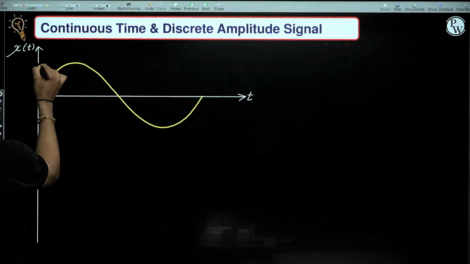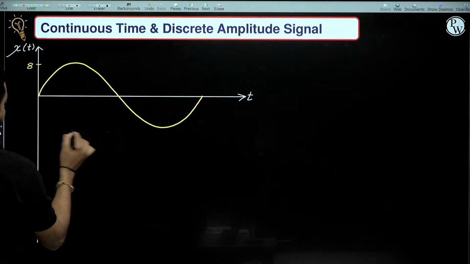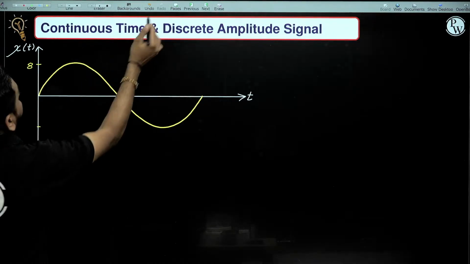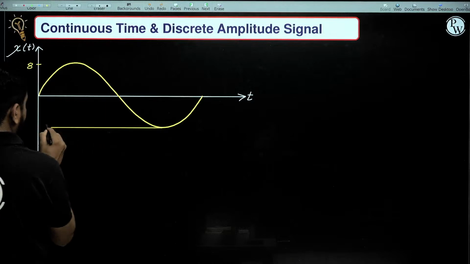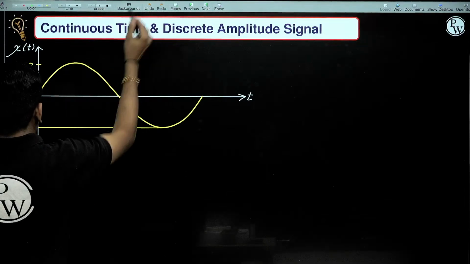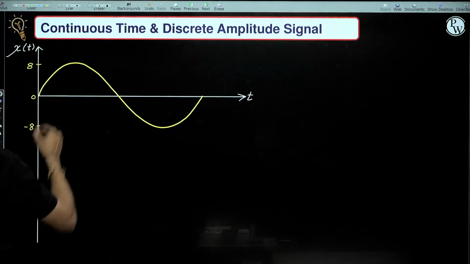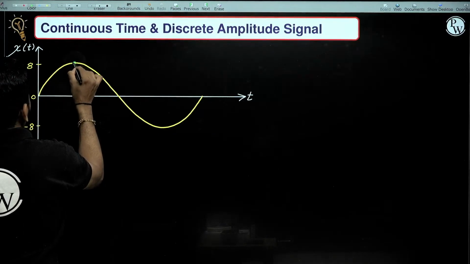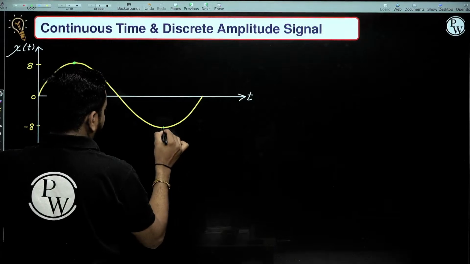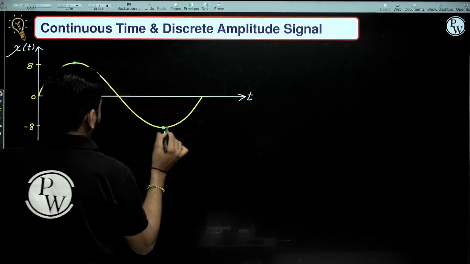Here the amplitude is 8 and here the amplitude is minus 8. So the peak amplitude, the maximum amplitude, is 8. Here the minimum amplitude is minus 8.